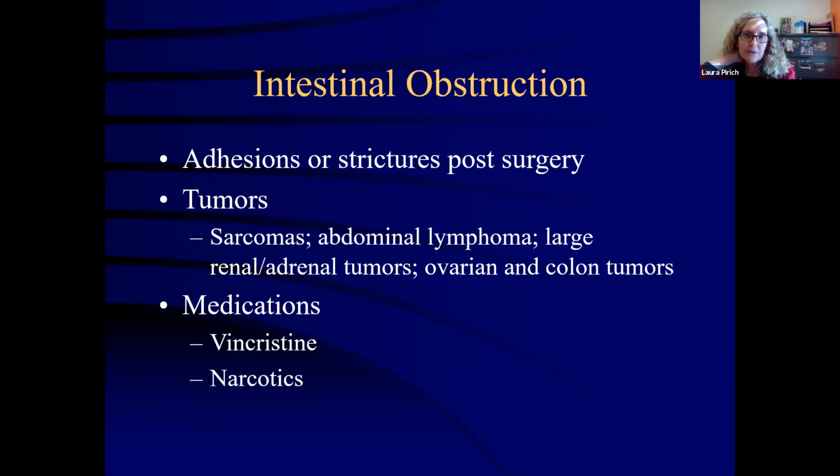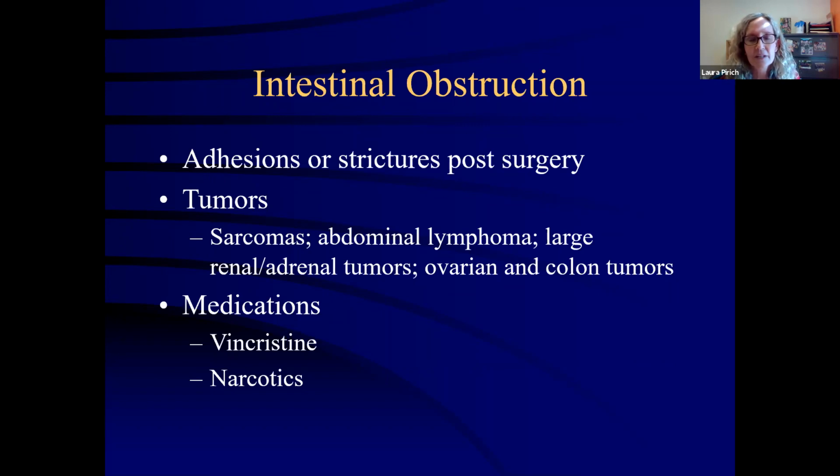For intestinal obstruction, this might not be something that you would see in a newly diagnosed patient, but when you're evaluating patients and getting their past history, and you find out that they had a history of Wilms tumor, neuroblastoma, or some other type of tumor that they had surgery on, they can have adhesions or strictures develop post-surgery, and sometimes even a while post-surgery.